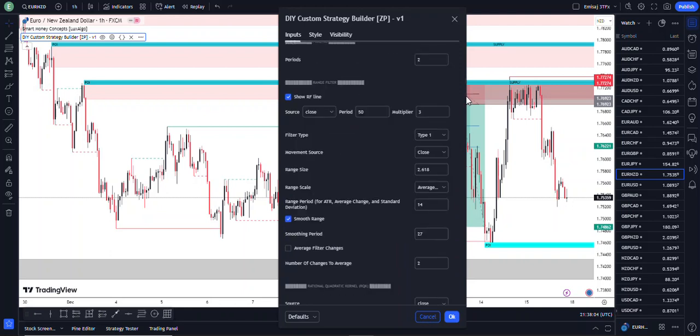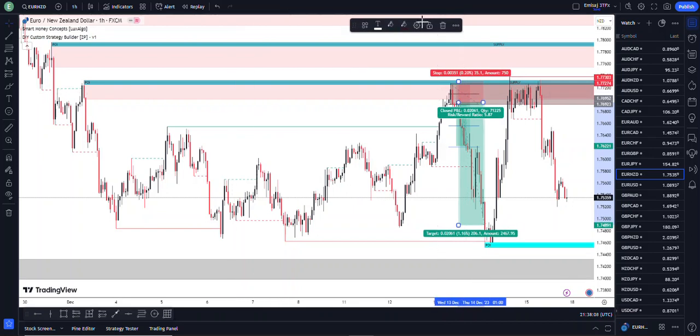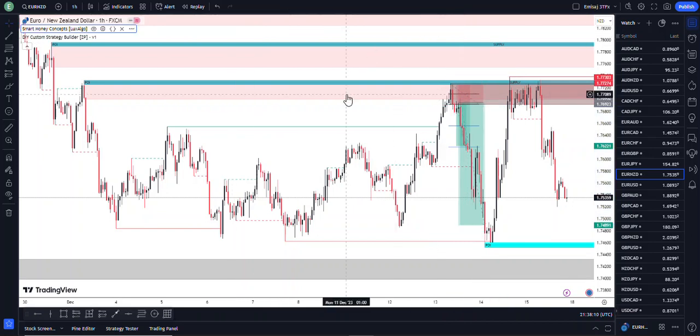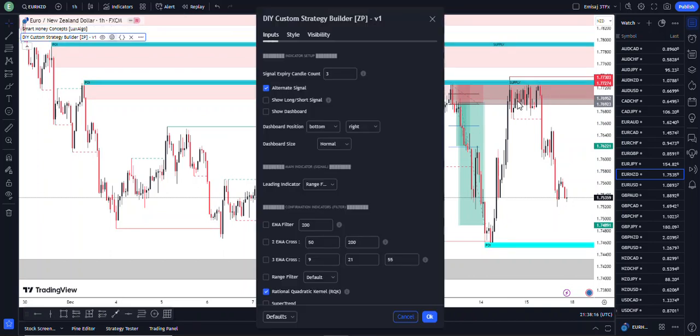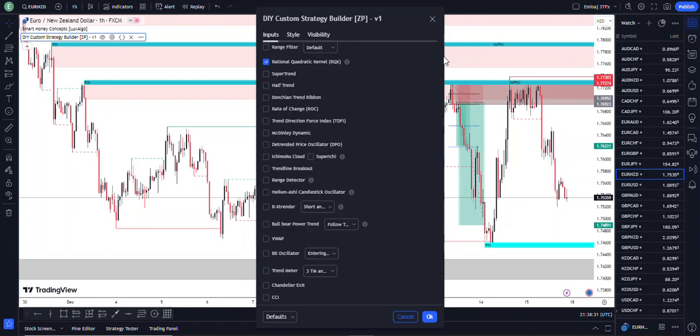Then if you continue down, so let's gradually scroll down.